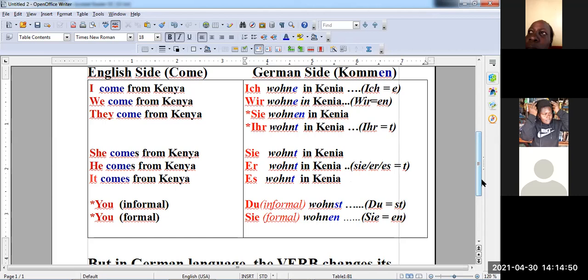Just the verb, just the verbs. Like in this one, wohnen. Which part are you seeing which is not changing? It is intact, it is constant.